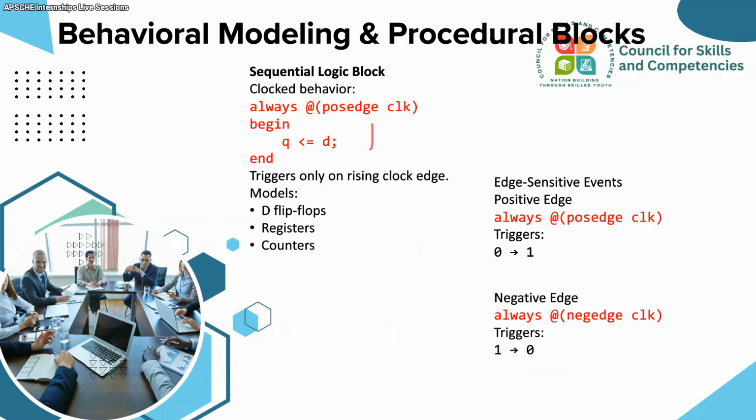It triggers only on the rising clock edge, as in D flip-flops, registers and counters. Edge sensitivity events: positive edge is 0 to 1, negative edge is 1 to 0. Only during that time it triggers.